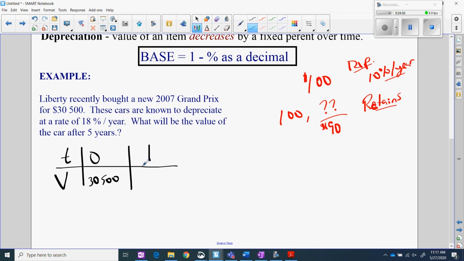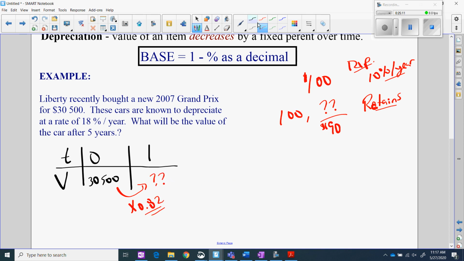One year later, it's going to lose 18% of its value, which means it's going to be worth 82% of what it used to be worth. So the next year, you multiply by 0.82 to get the new value.